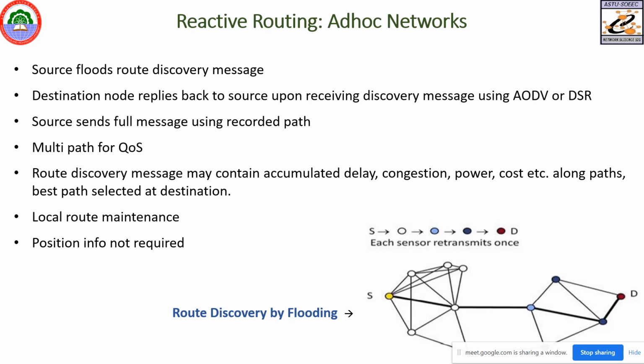transmission. But in the case of reactive routing, it doesn't do anything before the request comes. When any node is requesting, only at that time will it search for the processing of that particular query.